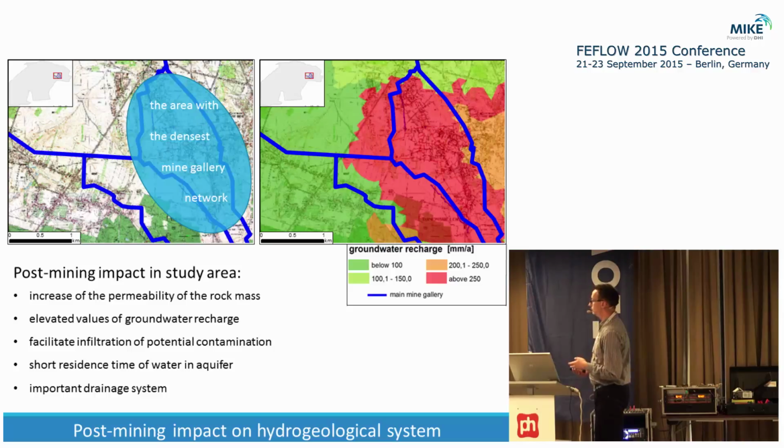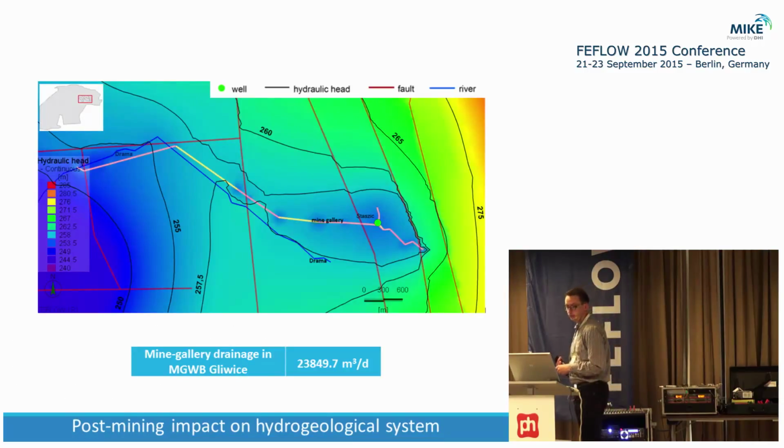In the northern part of Tarnowskie Góry, the average age of the water is between 20 to 40 years. And the system of mine gallery simulated in FEFLOW efficiently lowers the water table to 255 to 160 meters above sea level. And the volume of discharge depends on groundwater recharge, but also on how many wells stop pumping in the Tarnowskie Góry area.